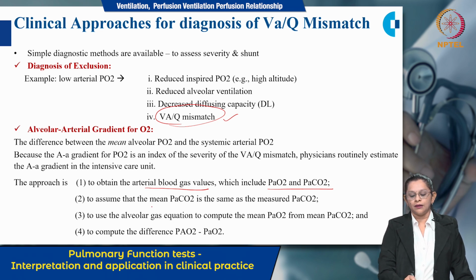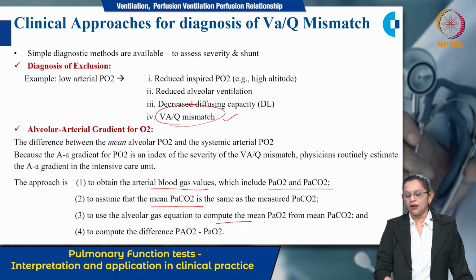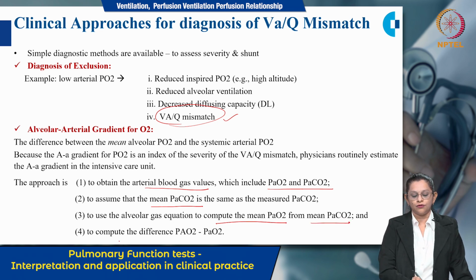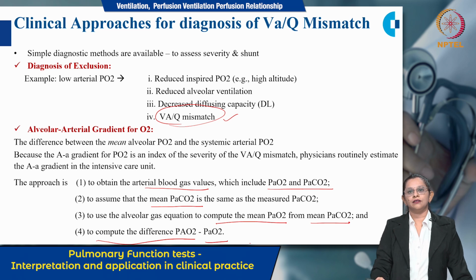We assume that the mean alveolar PCO2 is the same as the measured PaCO2. Then we use the alveolar gas equation to compute the mean alveolar PO2, and then we compute the difference between the alveolar oxygen concentration and the arterial oxygen concentration. We get the difference and we can find the VA/Q mismatch.